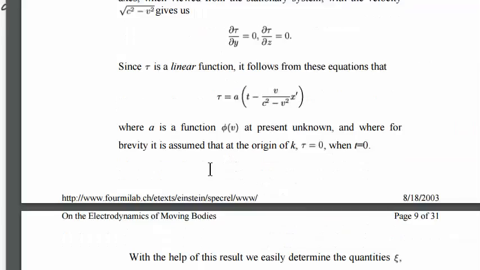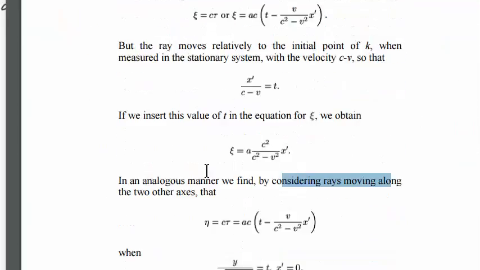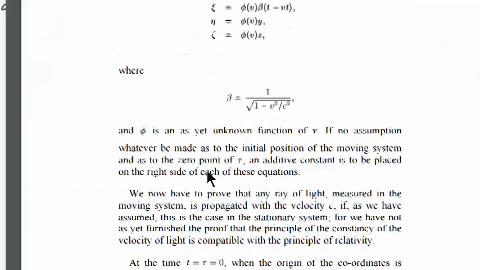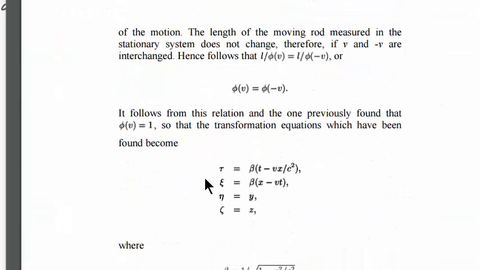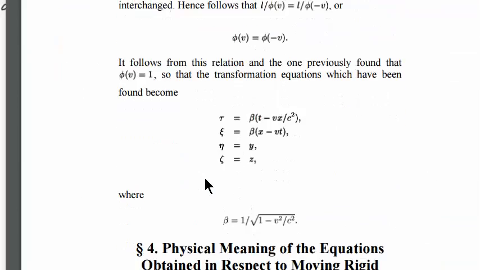And we also find that there are page 9, page 10, page 11, and page 12, 3.5 more pages before he actually has fully derived the Lorentz Transformation Equations.